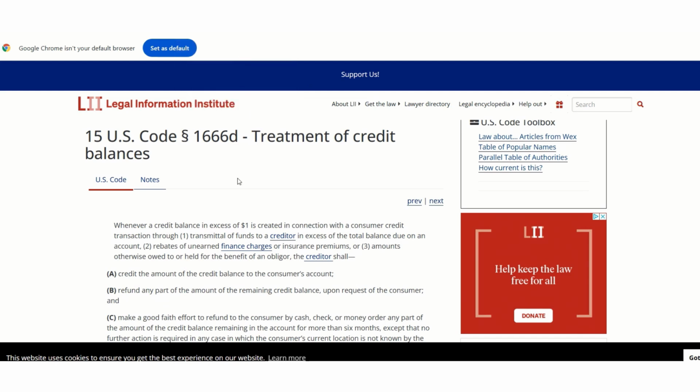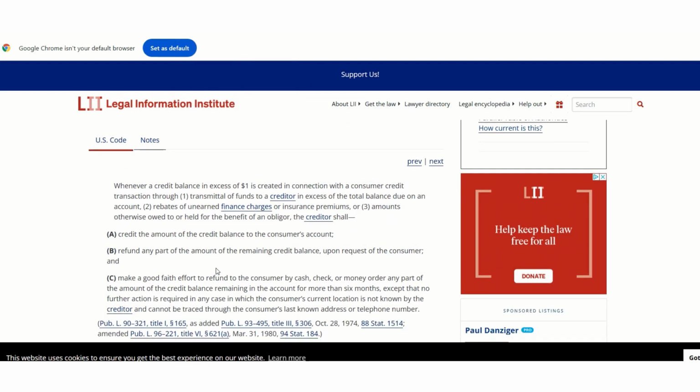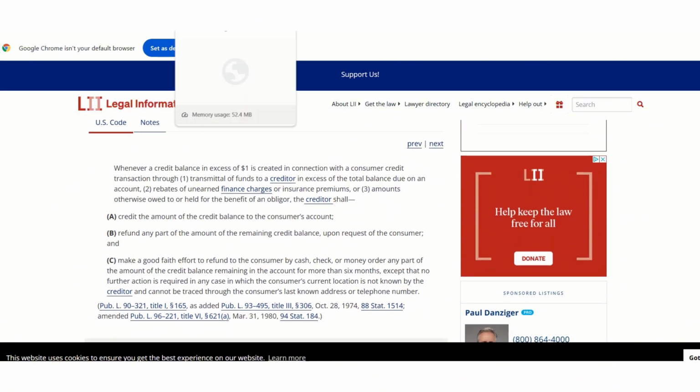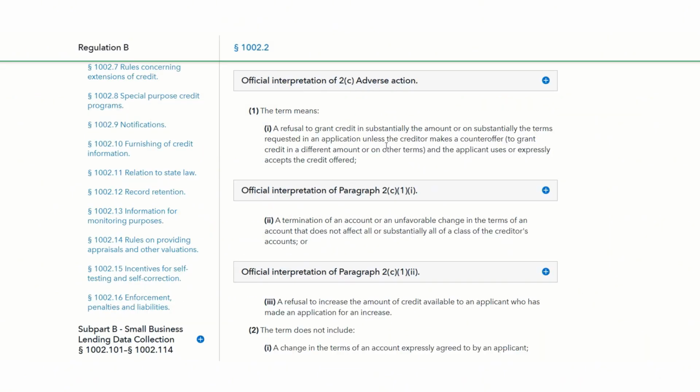But the reason why they didn't do this is because clearly you may have expressly, they probably made a counter offer and you accepted it, or you expressly accepted the credit offer, right? You accepted the offer.